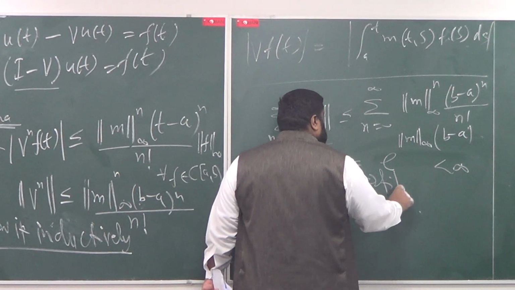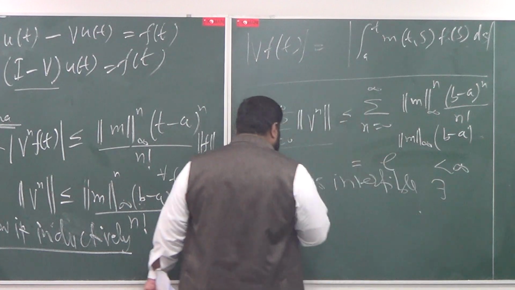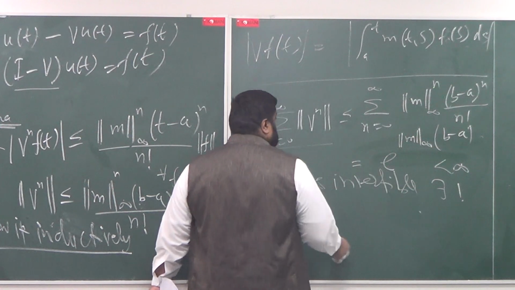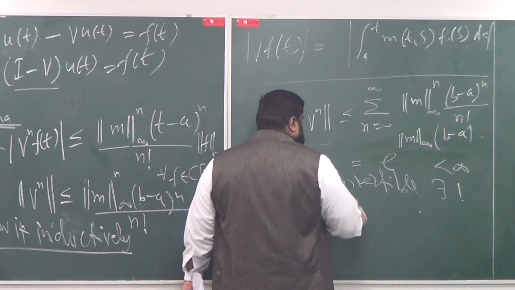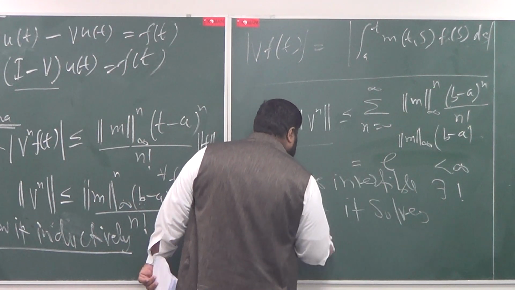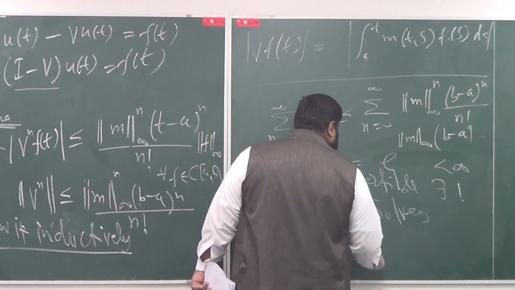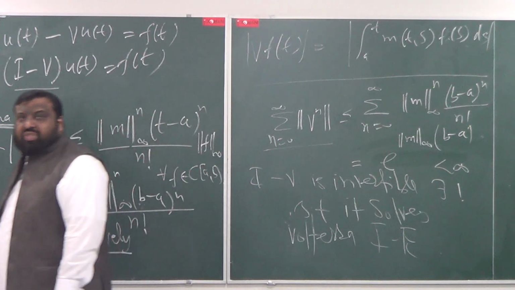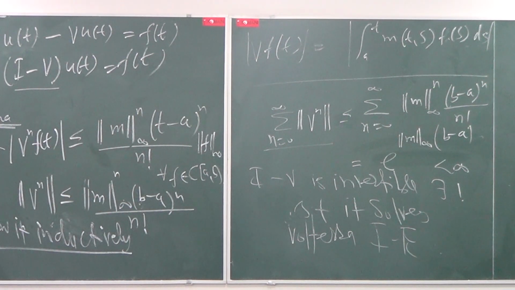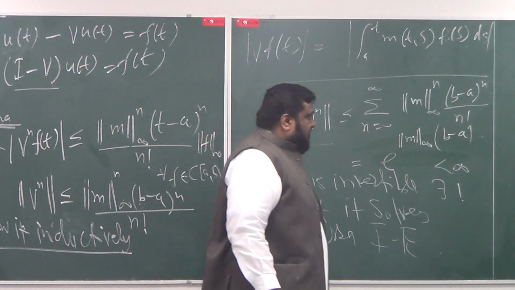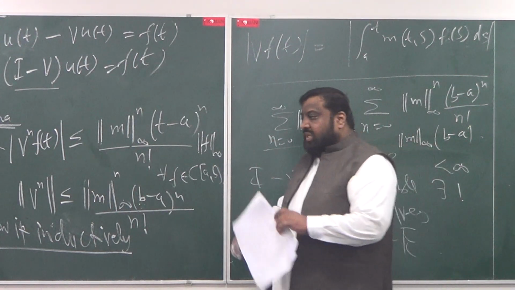And if it is invertible, there exists a unique u in C[a,b] that solves the Volterra integral equation, the Volterra type integral equation. Simple. So you see, these results are powerful. They give you at a very basic level some sufficient conditions in order to make sense of things.